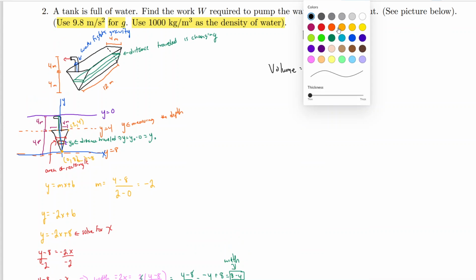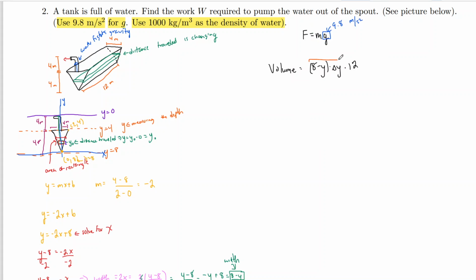Once again, just to repeat what we're doing here, this is the area of the rectangle. This part right here, which I drew again down here, and then 12 comes from multiplying by 12 to get the volume, because it's just a rectangular prism. And now you can simplify this, but there's not much to do here. I'll just put the 12 in front for the volume.